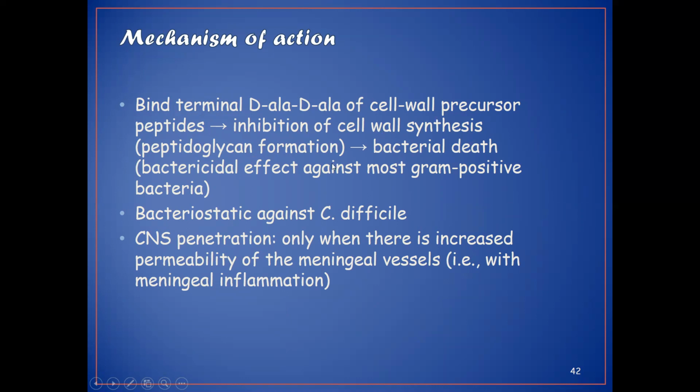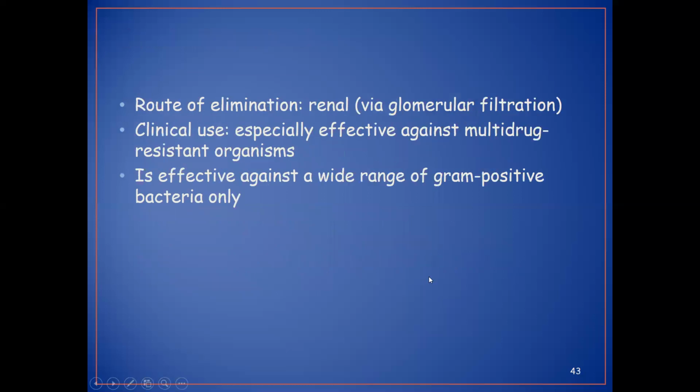There's bacterial death, which is a bactericidal effect against most gram-positive bacteria, and a bacteriostatic effect against Clostridium difficile. CNS penetration occurs only when there's increased permeability of the meningeal vessels, which is meningeal inflammation. Route of elimination is renal via glomerular filtration.